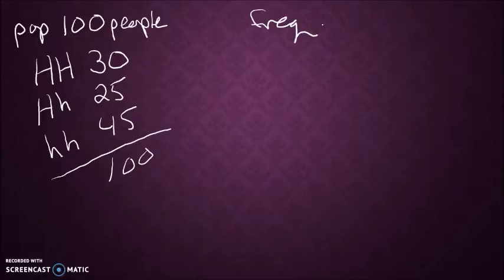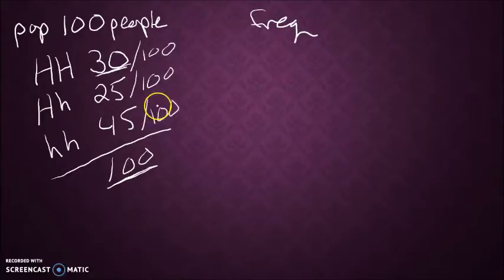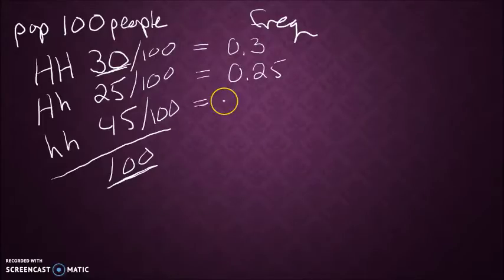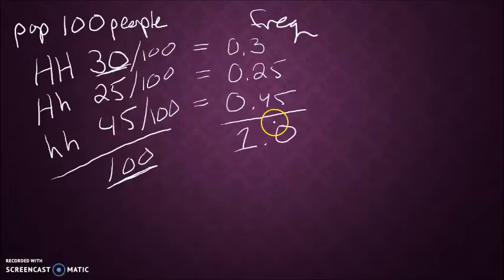We take the number of people with the particular genotype and divide by our total number of people. 30 divided by 100 is 0.3, 25 divided by 100 is 0.25, and 45 divided by 100 is 0.45. If I total those up, I should equal 1.0, because that's one whole population.